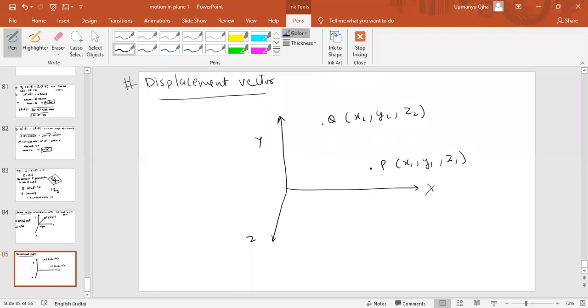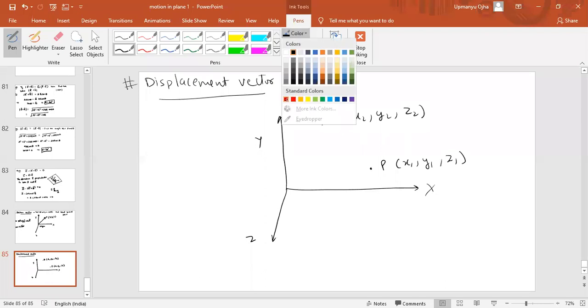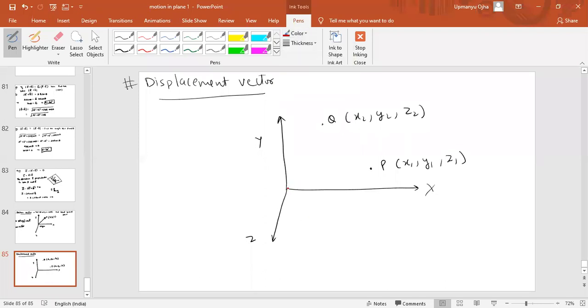First of all we have to define the position vectors of P and Q. Let us suppose the position vector of P is r1 vector, and the position vector of Q is r2 vector.